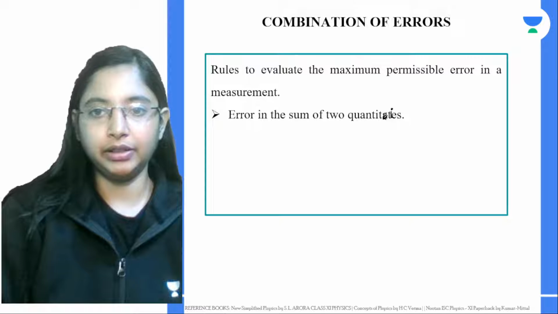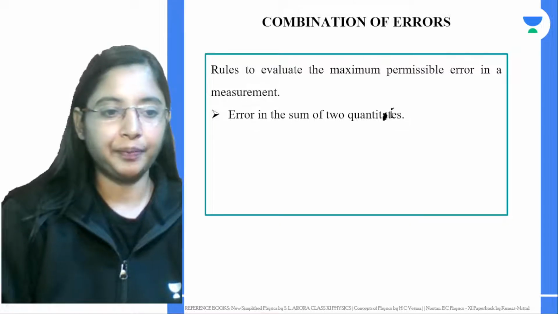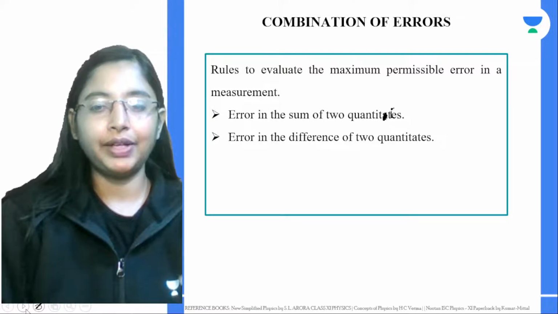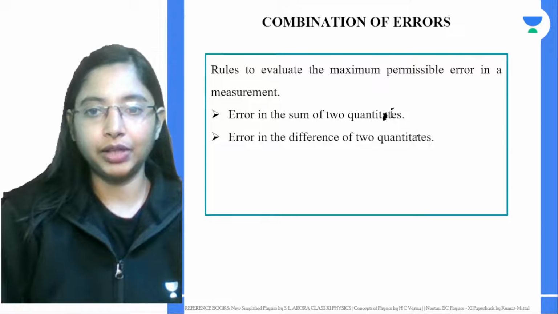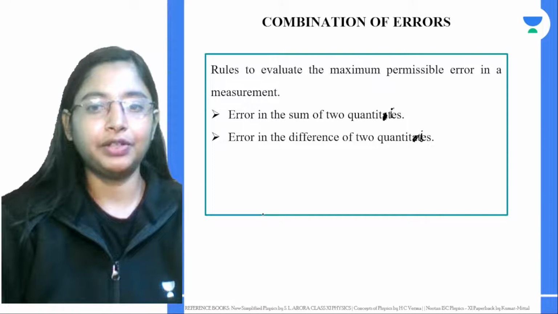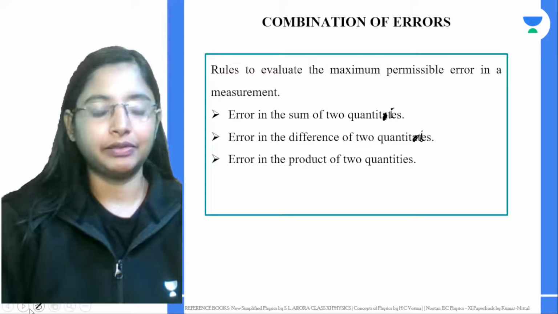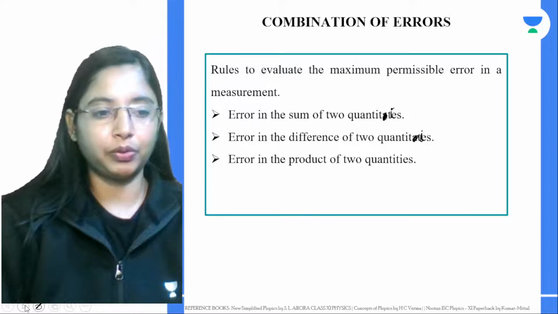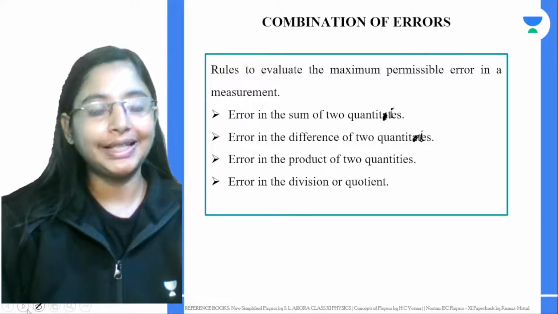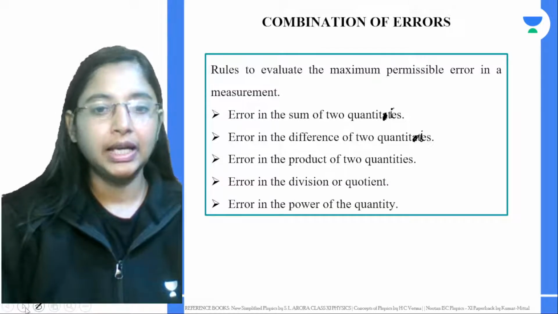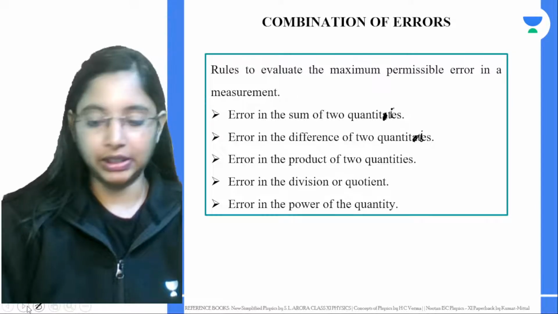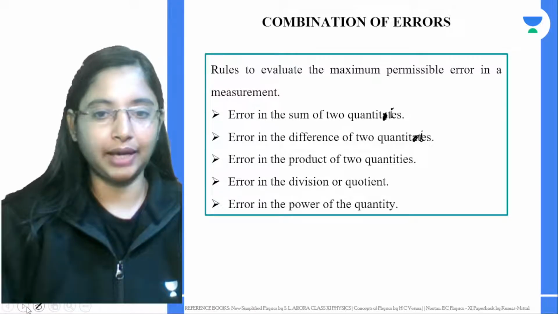Next is when you're finding the difference of two quantities, you can check what is the error, errors in the difference of two quantities. Now what is the error when you're multiplying two quantities? That also you can find. You can find errors in division or quotient as well, and errors in the power of a quantity as well. Alright, these are the errors you can find.